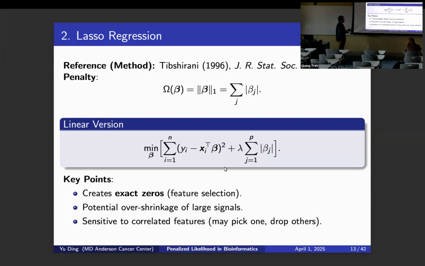And the third problem is that lasso regression is sensitive to correlated features. Compared with ridge regression, which will shrink the correlated features to a comparatively small value but definitely not zero, lasso will try to pick one of them and drop the other.